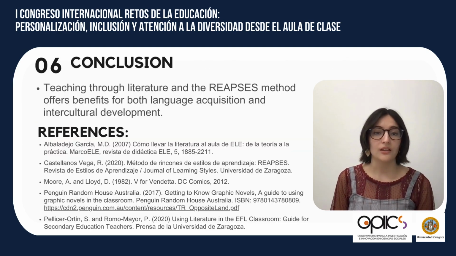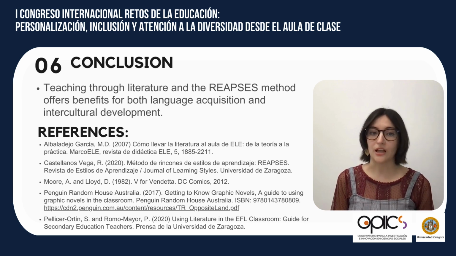All in all, the adaptation of classroom activities for each learning style, together with the integration of literature in EFL, in this case with the graphic novel V for Vendetta, offers an array of benefits for both language acquisition and the intercultural development.